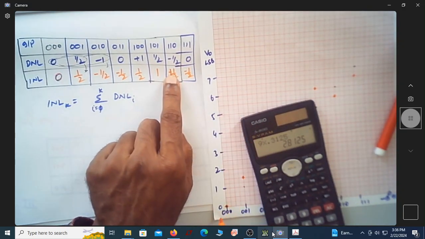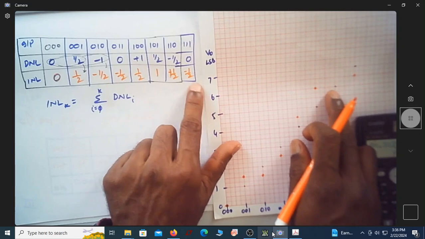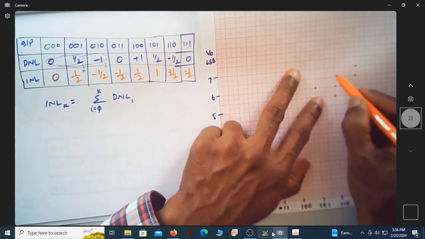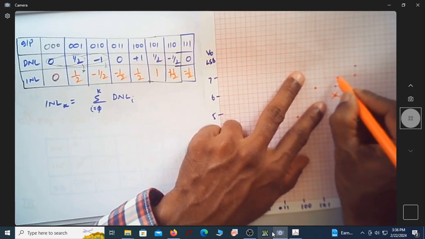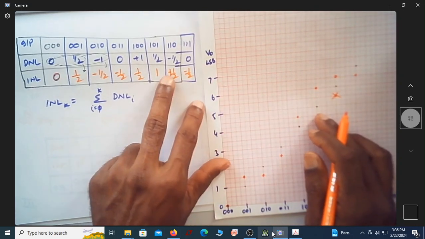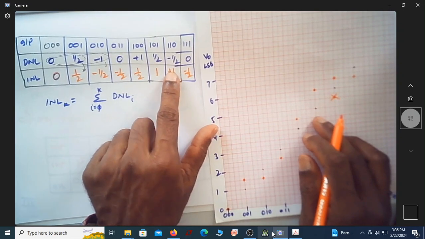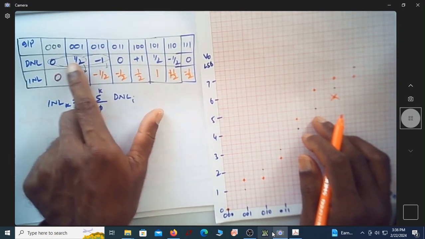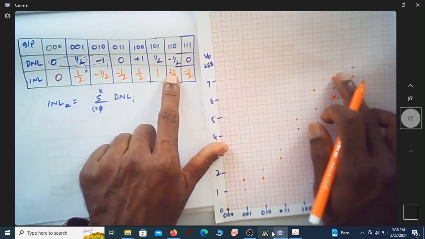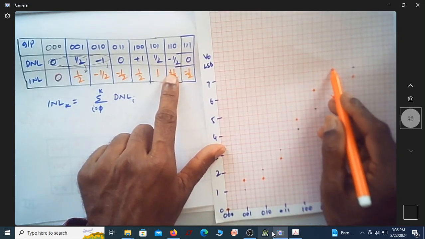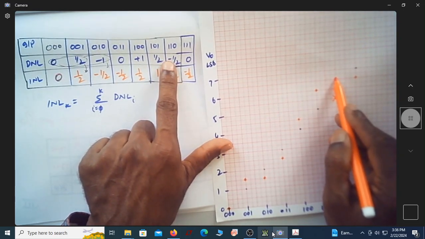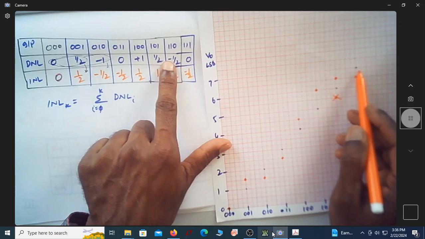You can see this is plus half, because when I add this, here it is getting missed out, so it is not tallying. So this is not correct, this is the correct one, because while adding I made a mistake. These two will cancel out, these two will cancel out, this half will remain here. So this is correct. From this would have been here, it's actually here, that's why it is minus half LSB.